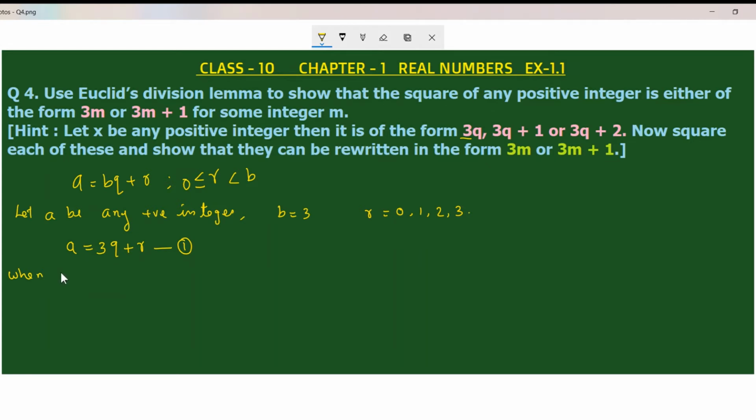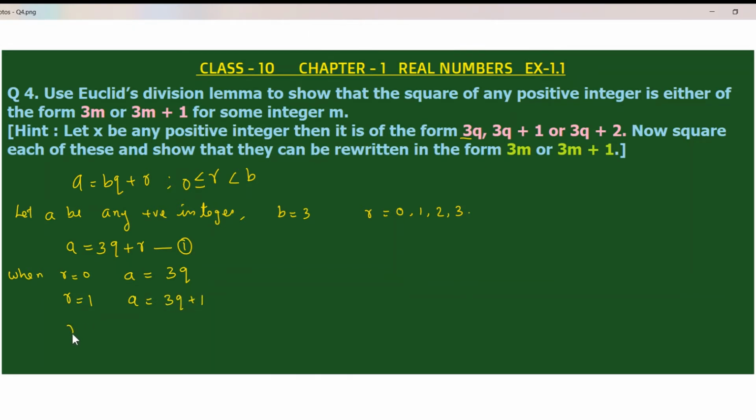When r is equal to 0, what is our equation? a equals 3q. When r is equal to 1, our equation is a equals 3q plus 1.